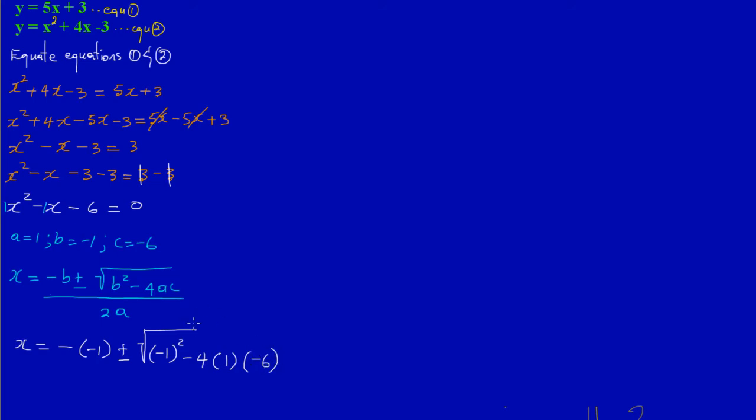And I'm going to close my bracket. Just let me extend this a bit. So I have, this is all over 2 times a, so I would have 2 times 1 rather.